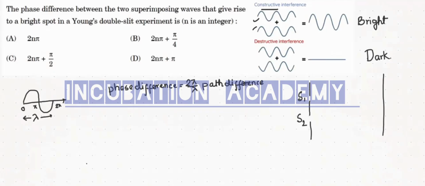The wave coming out from S1 falls on the screen, and the wave coming out from S2 superimposes on the point P. Then S2 traverses more distance than S1, so there is a path difference between the waves coming out from S1 and S2. So the path difference is very important.